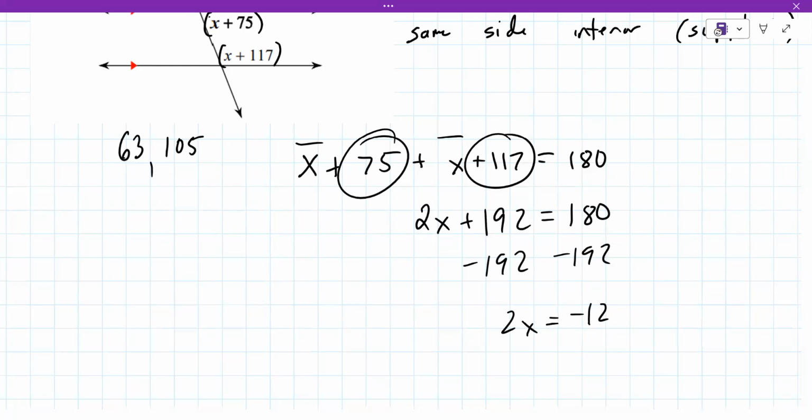I just didn't have the 2x there. I had regular x's. So now X is negative 6. What would the value of each angle be?